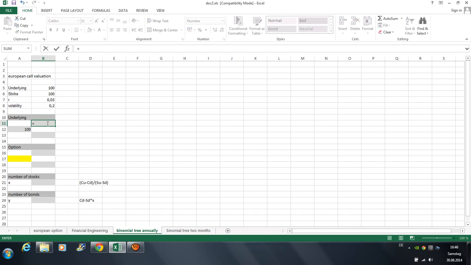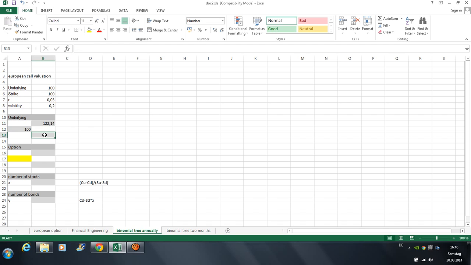Either the underlying rises, then the underlying is worth 100 times the exponential function of the volatility, and press enter.